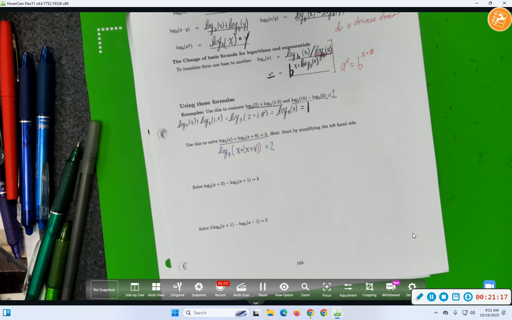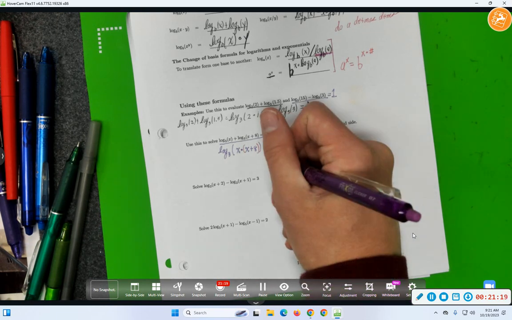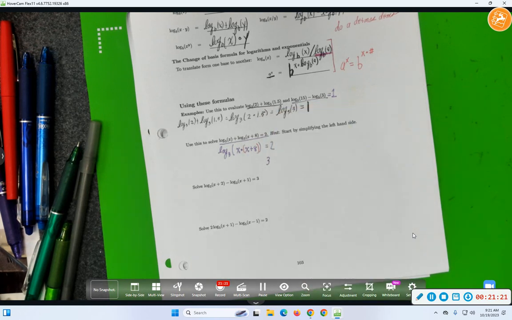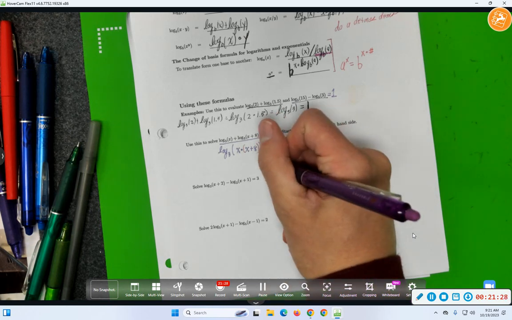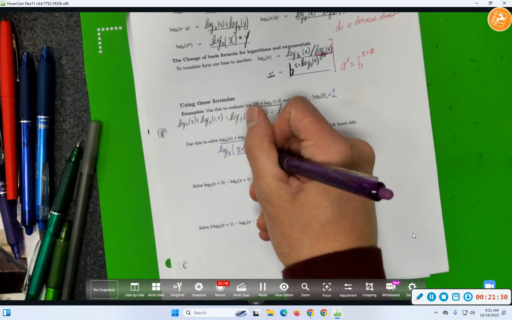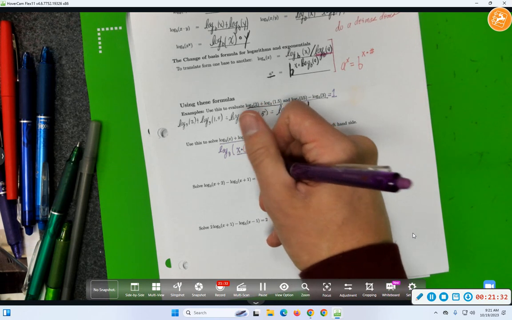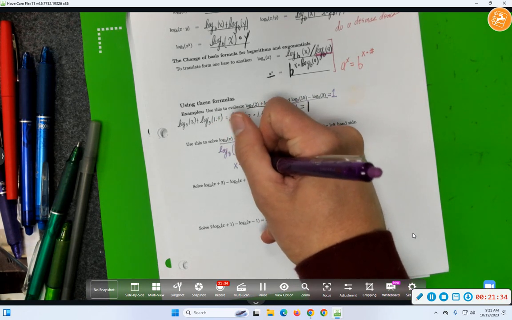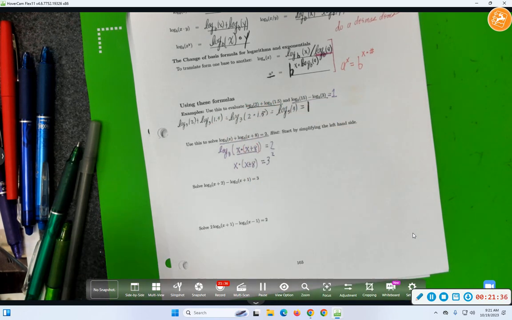So the base is still the base. What power is that base raised to? 2. Equals, and then it's just the stuff inside of the parentheses: x multiplied by x plus 8. Oh, cool. Does that look a little bit nicer than it did before?